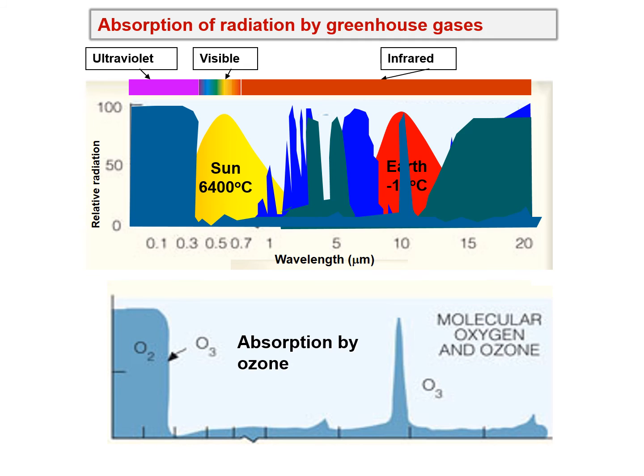So the Earth's radiation can only be emitted to space through this window. This is called the atmospheric window. So this is the physics of greenhouse gases. This is science.